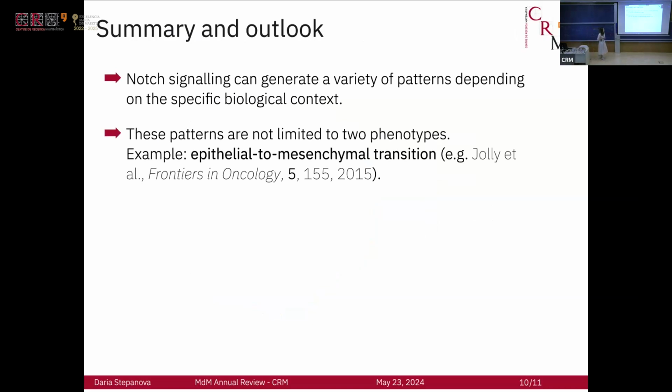For example, there is modeling work related to epithelial to mesenchymal transition. This is when epithelial cells acquire some motile phenotype, which is rather invasive. In this case, there is some hybrid phenotype that has been identified experimentally and also in modeling work. So in this case, there would be three phenotypes.